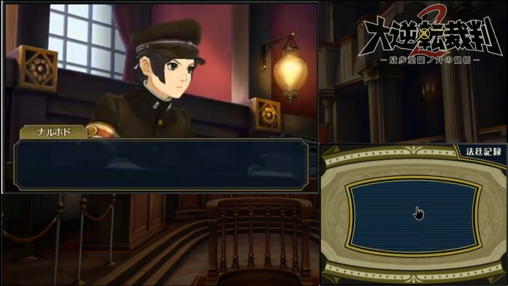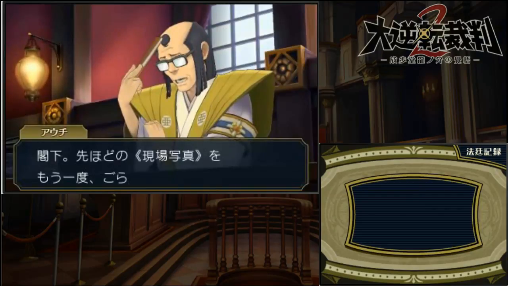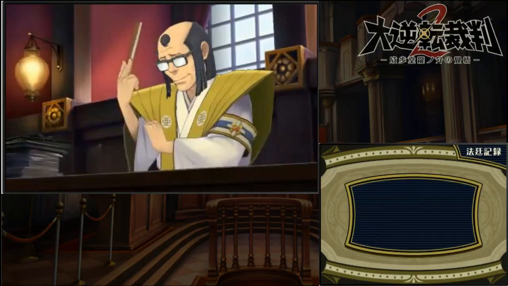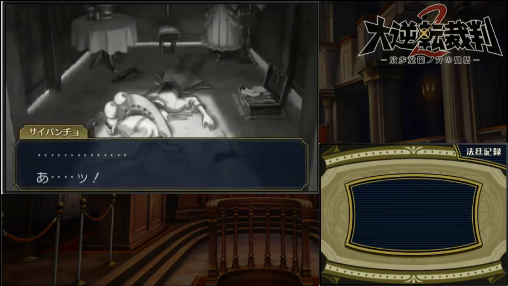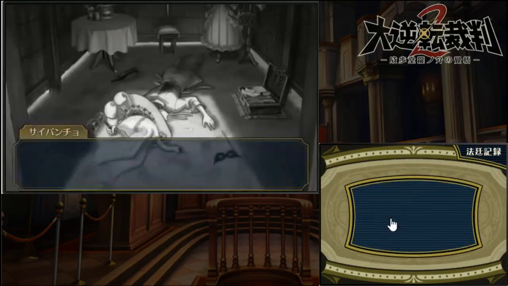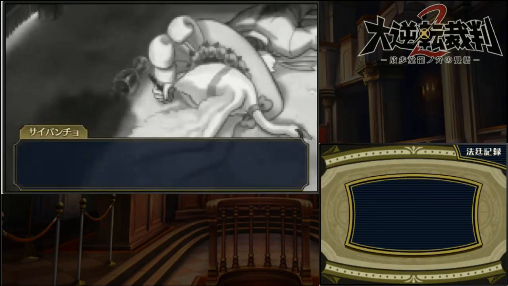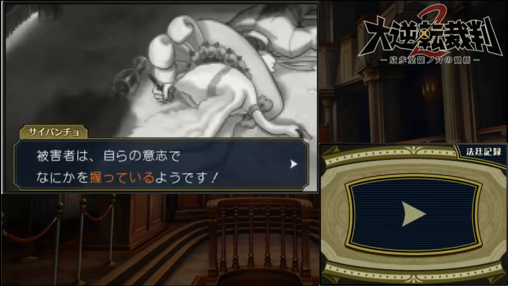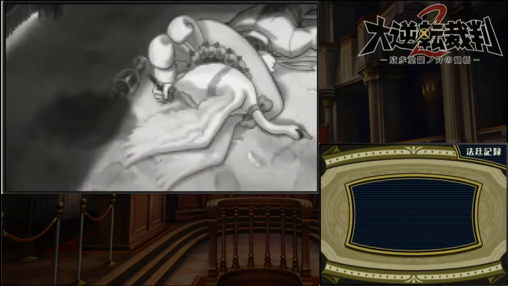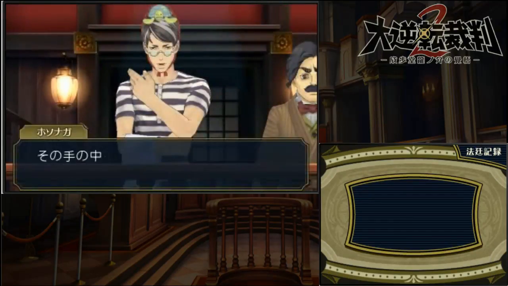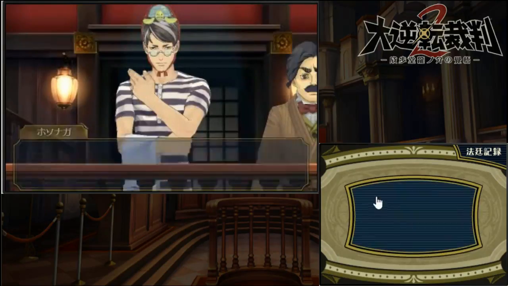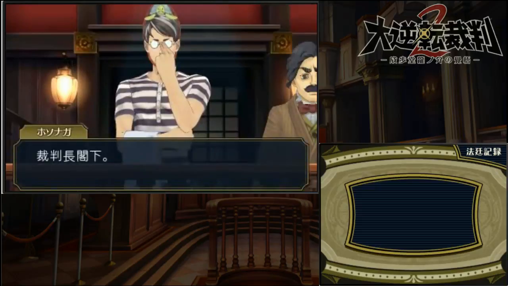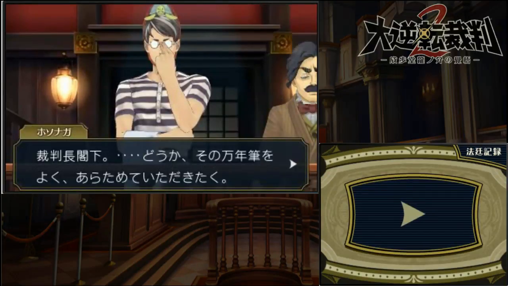Never mind. Your Honor, would you kindly turn your eyes to the crime scene photograph I had presented earlier? Oh, this... The victim appears to have held on to something out of her own will. What I had discovered in her hand was the fountain pen the court had just been presented with. Your Honor, I would ask you to please inspect that fountain pen thoroughly.